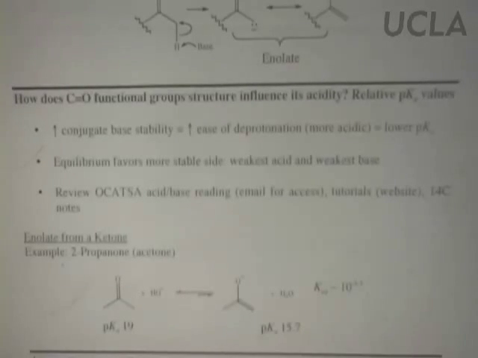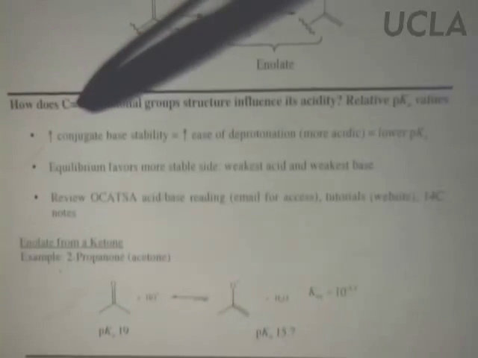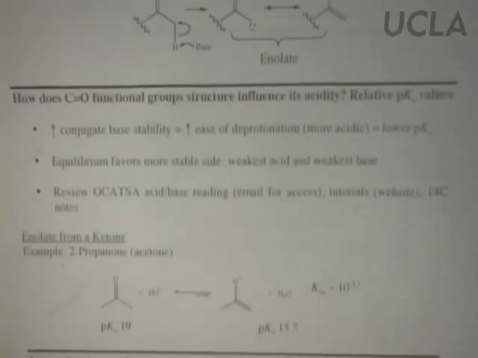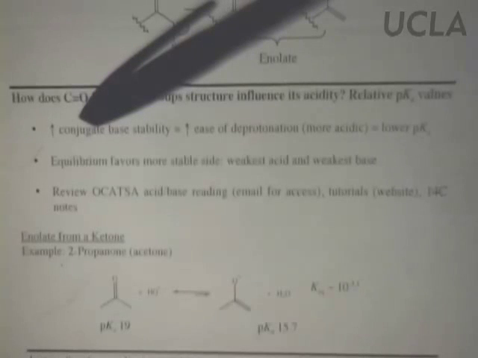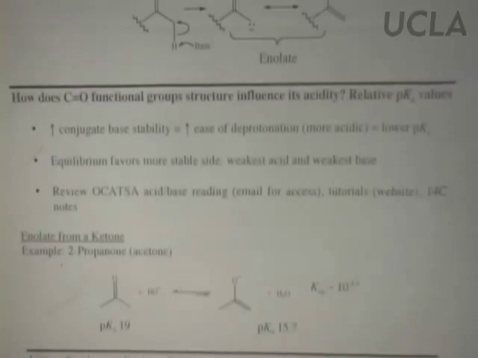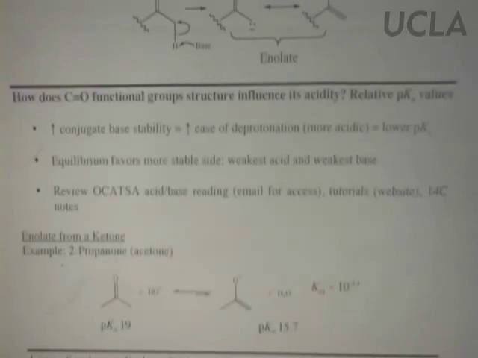All right, so let's talk about this now. When we want to think about this in terms of the acidity, there's a lot of ways to do it, but a good way to do it is to think about it in terms of the conjugate base stability. In other words, the more stable we make the conjugate base, the easier the conjugate base is to form, and the more eager, therefore, the corresponding acid is to give up its proton. So to wrap your mind around that, think about a carboxylic acid.